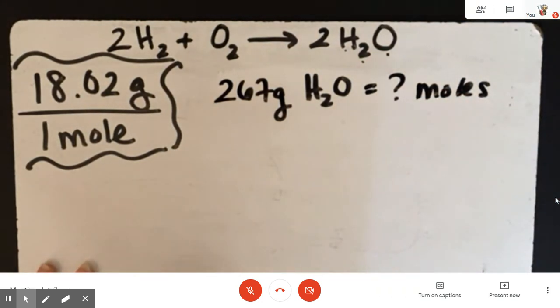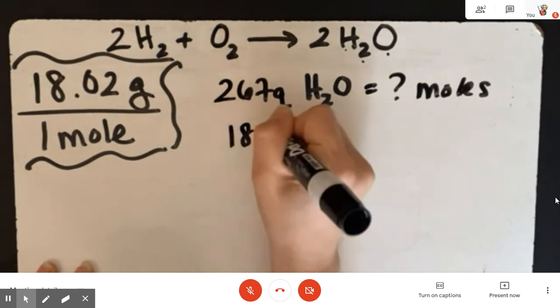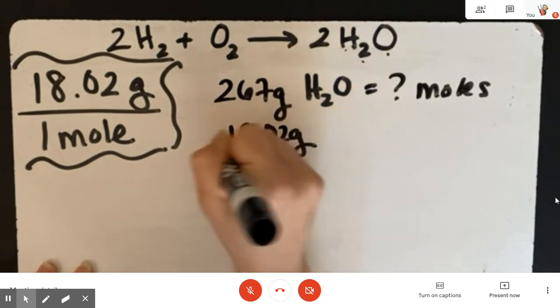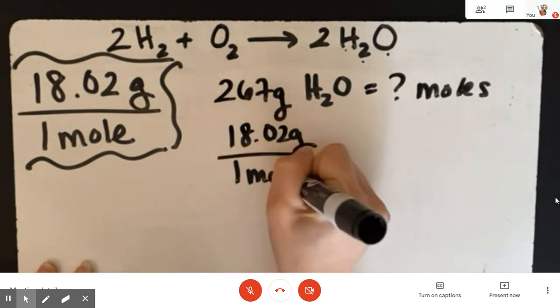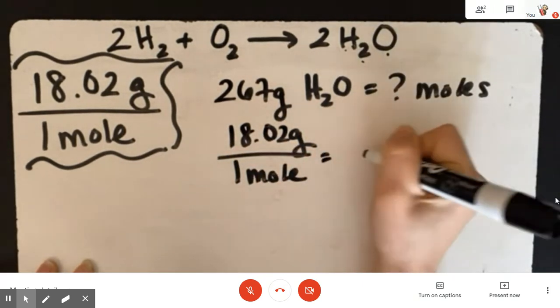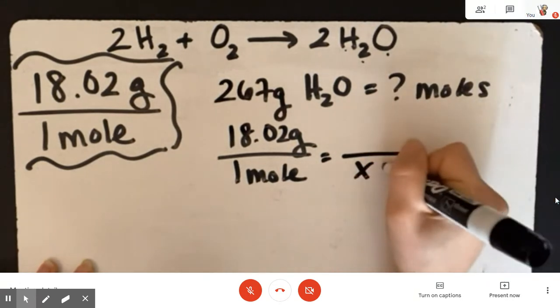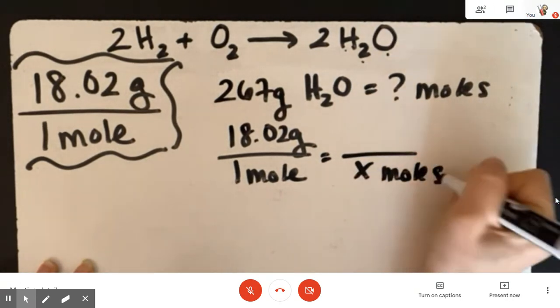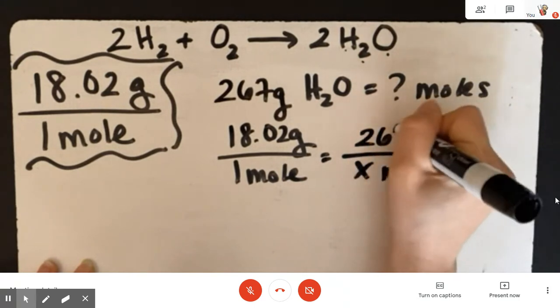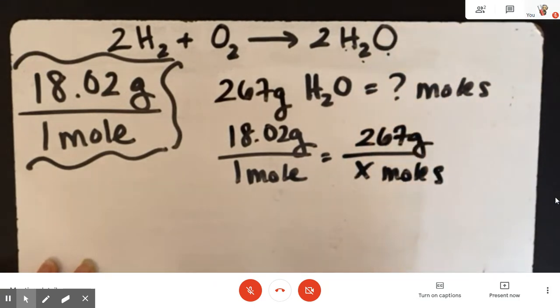So we would again have to set up our proportions. So again, 18.02 grams is equal to 1 mole. So how many moles would I have if I had 267 grams?